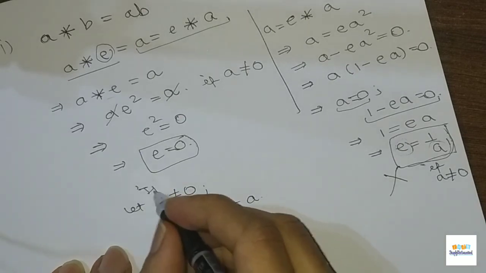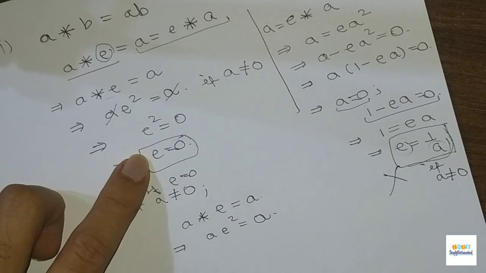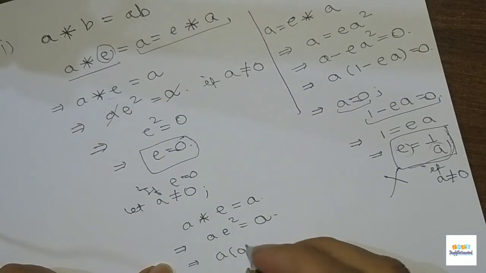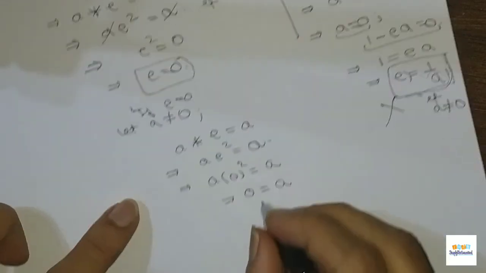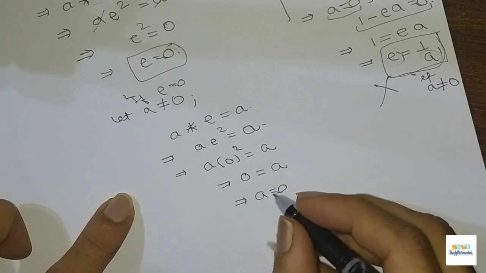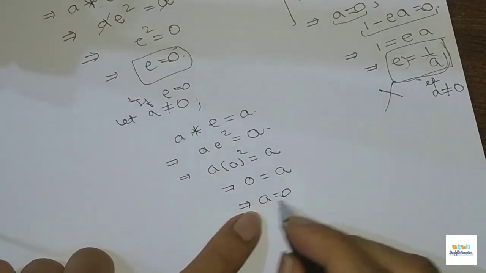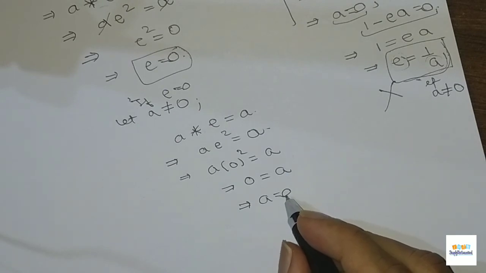Now if we take e equal to 0 here, we will get a times 0 square is equal to a. So 0 is equal to a, that means a is equal to 0. So here you are getting a contradiction. Here you have a not equal to 0, and you are getting a equal to 0.